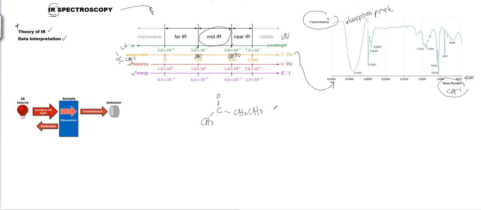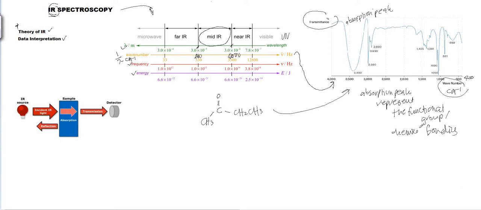Okay, so each of the absorption peak here represent the functional group, right? Or ataupun kita kata the chemical bonding. Okay, specifically is a covalent bonding lah yang berlaku dalam molekul tersebut.